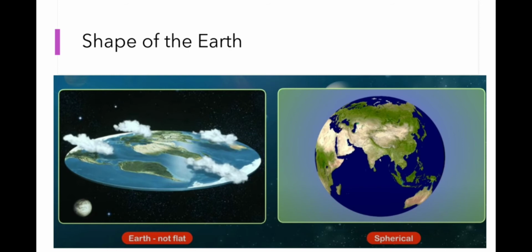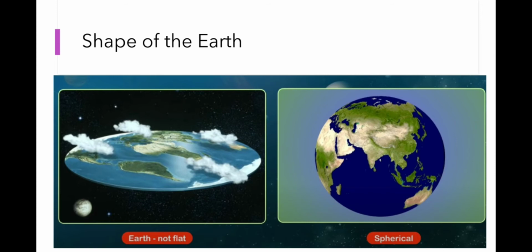For example, this was observed when a ship sailed out to the horizon. Horizon means an imaginary line where the sky appears to meet land or sea. When a ship sails out to the horizon from the beach, the hull of the ship disappears first, followed by the mast.